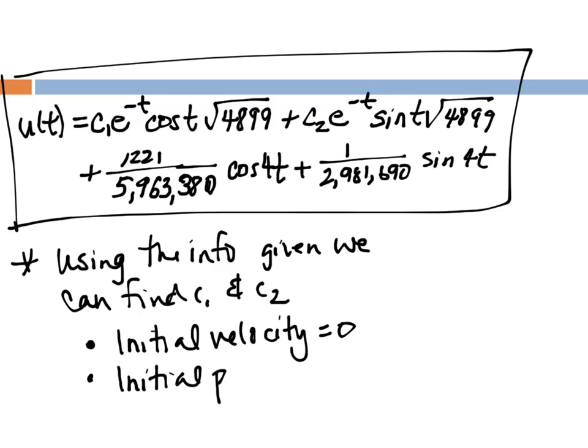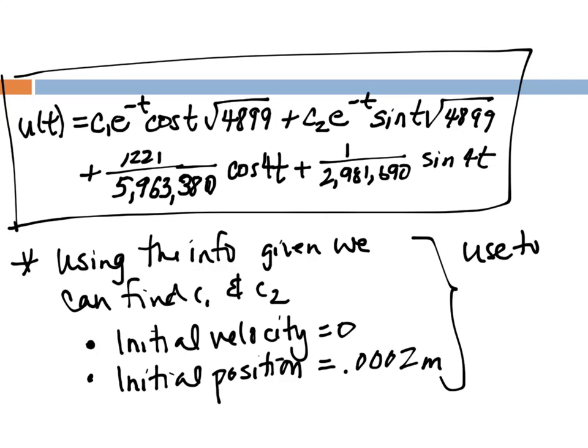The initial position was 0.002 meters, 2 millimeters. So we can use this to find C1 and C2.